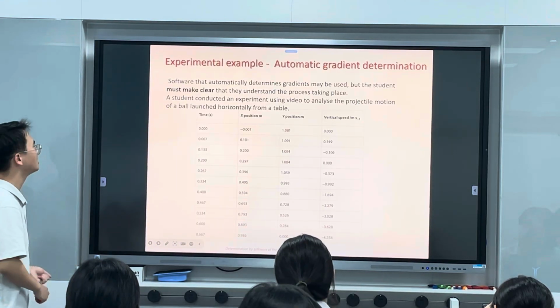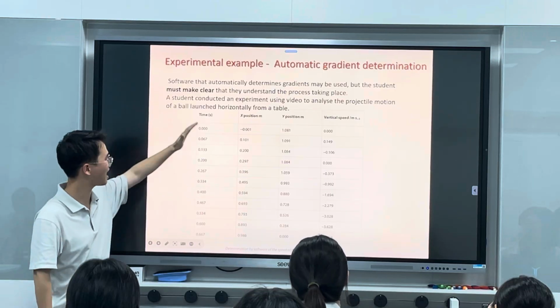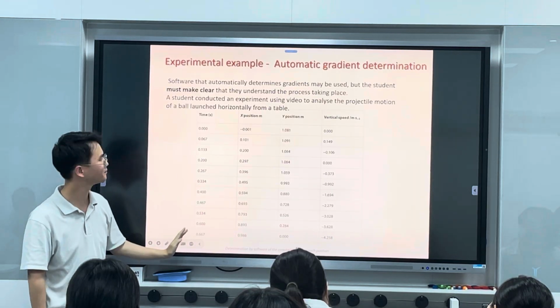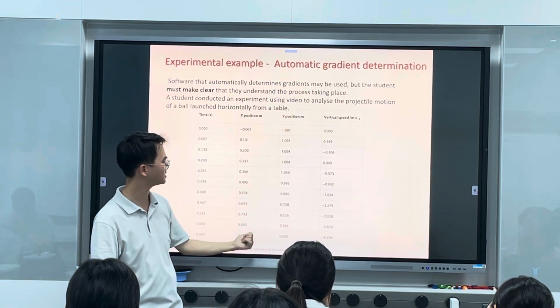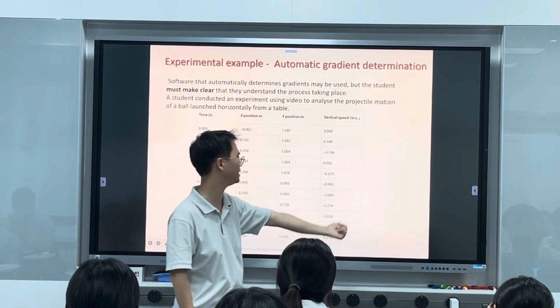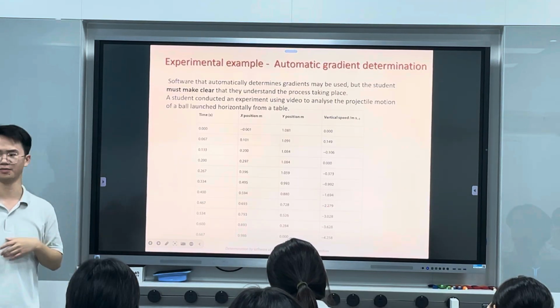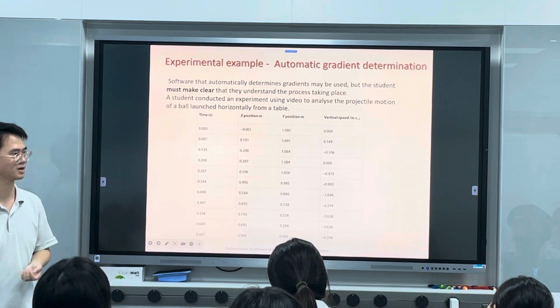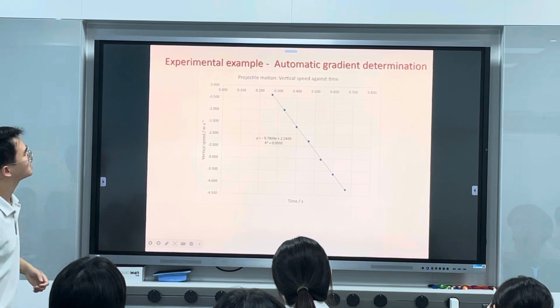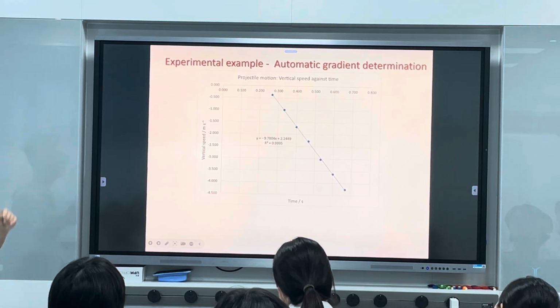Okay? All right. So, according to Logger Pro, we have the information of the time, x position, y position, and vertical speed. Okay? Now, what do we do with those data? We have this data table, so we can plug them into a graph.